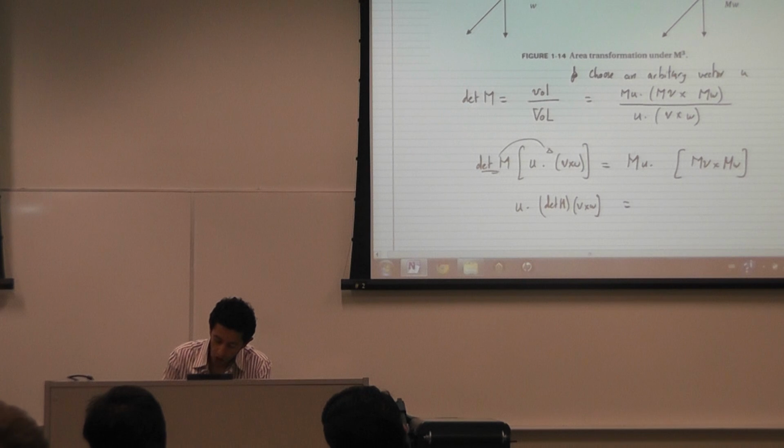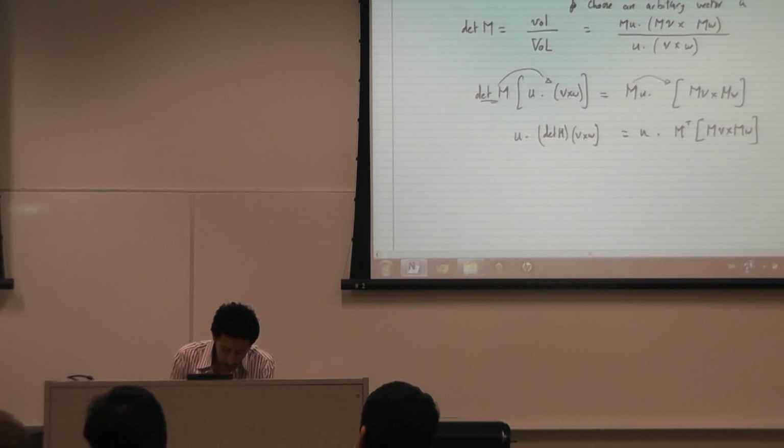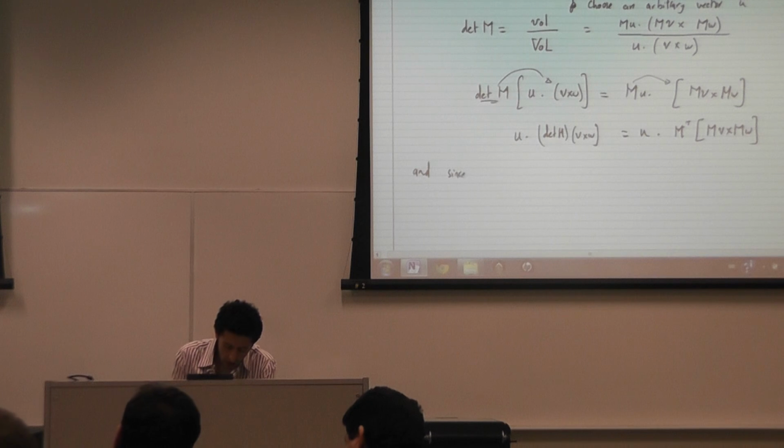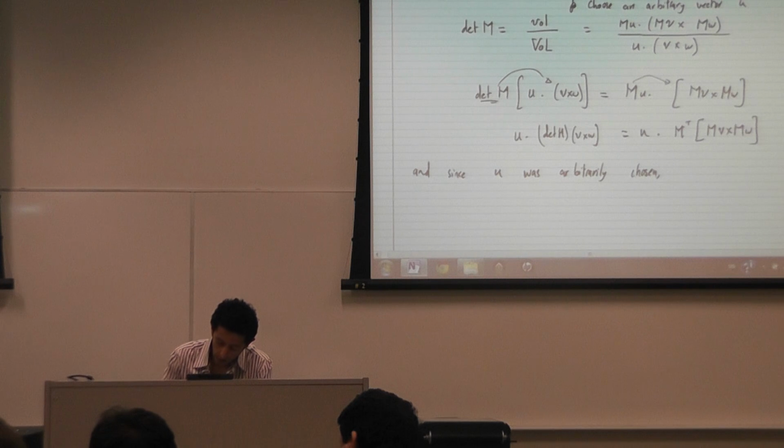And using the definition of the transpose, and since U was arbitrarily chosen, the determinant of M multiplied by V cross W is equal to the vector M transpose MV cross MW.